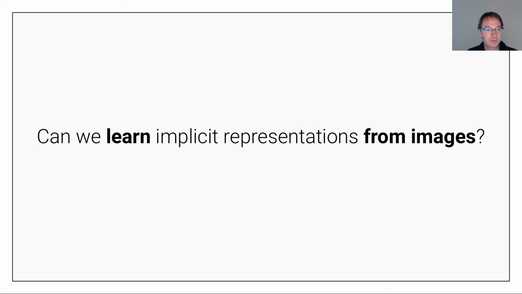And there are, for the classical explicit representations, differentiable rendering algorithms available which allow us to learn these representations from 2D supervision, only from RGB images, instead of having access to this 3D supervision. And the question we were asking now in a paper that's presented at this CVPR is, can we actually learn these implicit representations also from images, from 2D images alone?